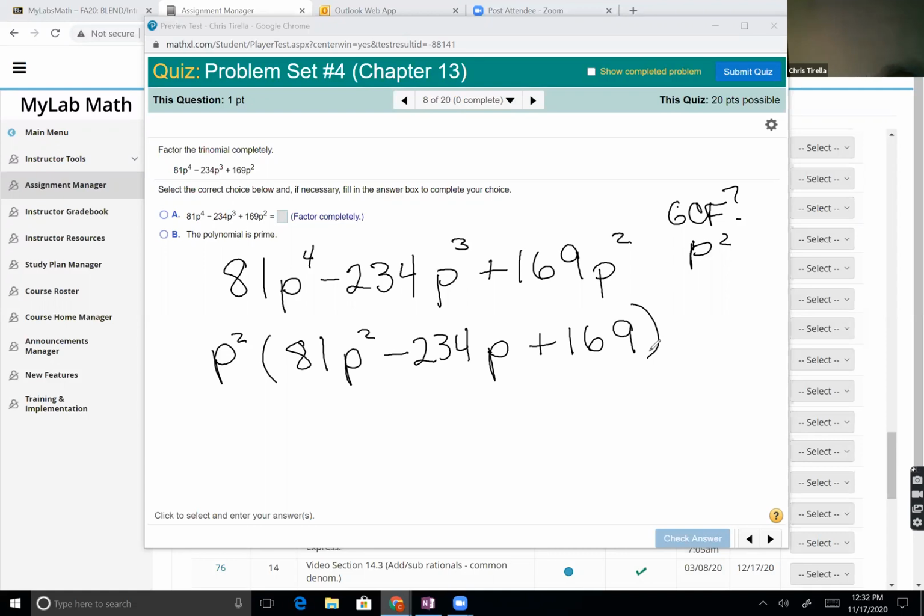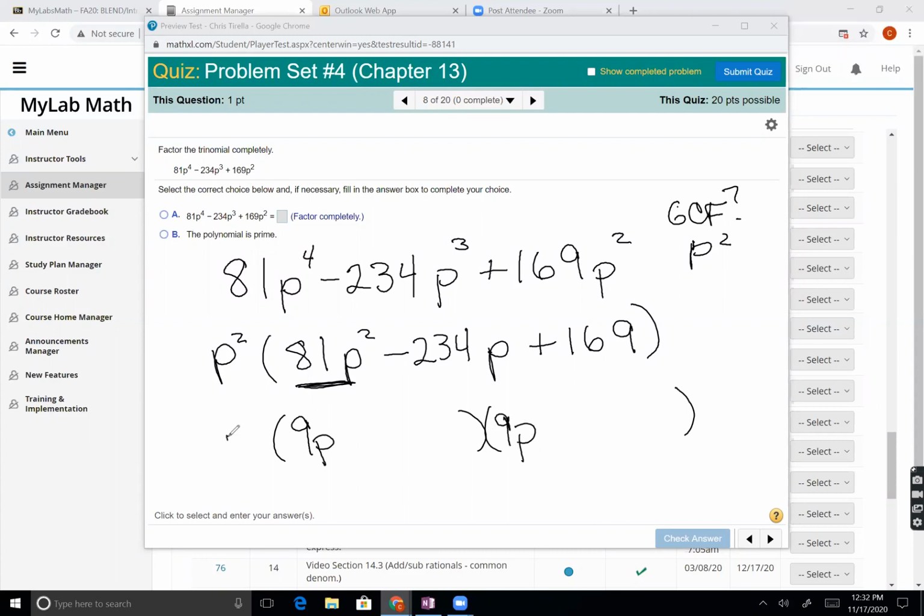Does anybody notice that 81 is a perfect square? Wouldn't 81 be 9p and 9p? How about 169? Does anybody recognize 169 as a perfect square?